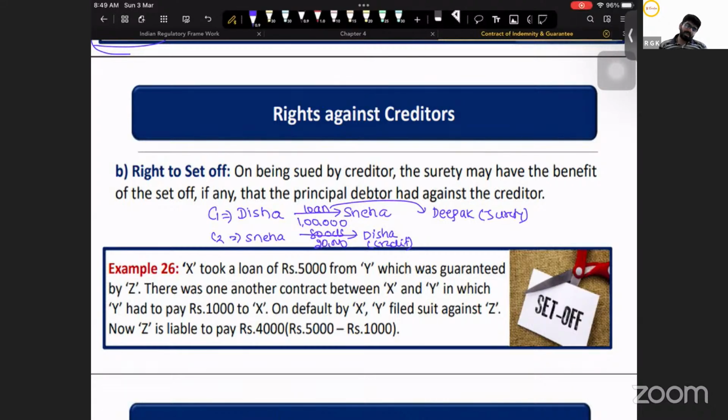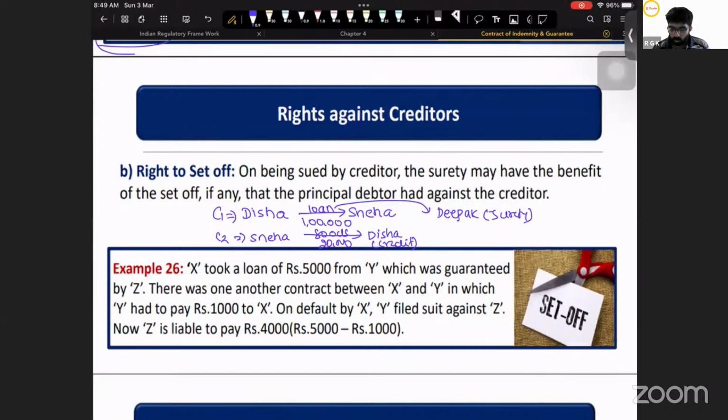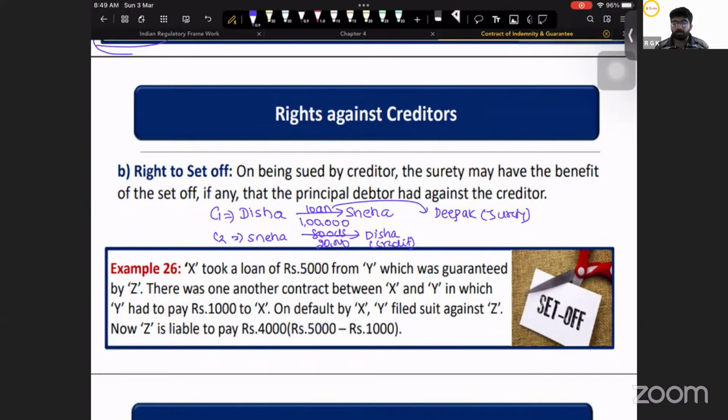When Disha can hold Sneha liable only to the extent of 80,000 rupees, the same will apply to Deepak also. Deepak can also take the benefit of this set off. Since Deepak is paying the debt on behalf of Sneha, if Sneha can get this set off, even Deepak can. So tomorrow, only 80,000 rupees can be recovered from Deepak.